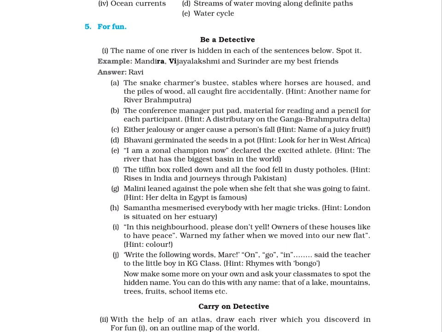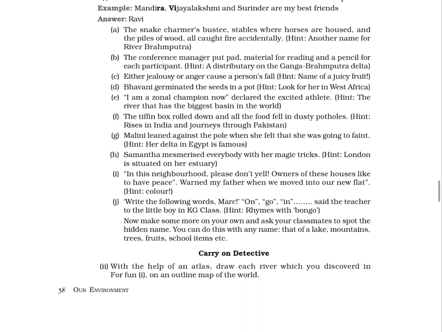G. Malini leaned against the pole when she felt that she was going to faint. Hint. Her delta in Egypt is famous. H. Samantha mesmerized everybody with her magic tricks. Hint. London is situated on her estuary.